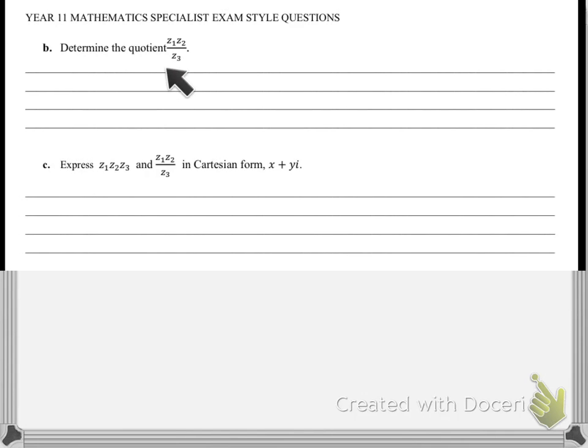Okay, determine the equation. Now we're going to divide. So you multiply the first top 2, and then divide by the third complex number. So you multiply and divide the radius, the modulus, and then the top two angles are going to add, and then the bottom angle is going to subtract.